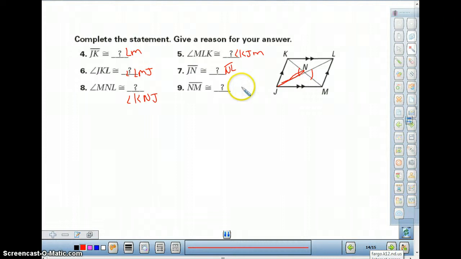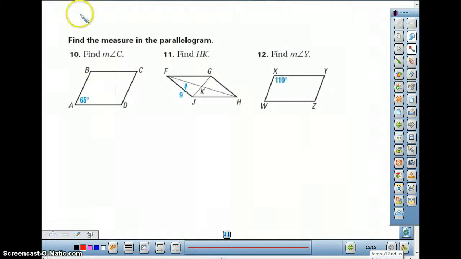Why? Because the diagonals of parallelograms bisect each other. In this case, NM is going to be congruent right here to KN. Again, because the diagonals of our parallelograms are going to bisect each other.